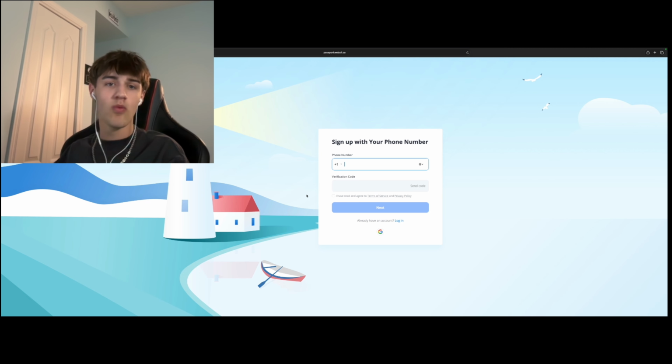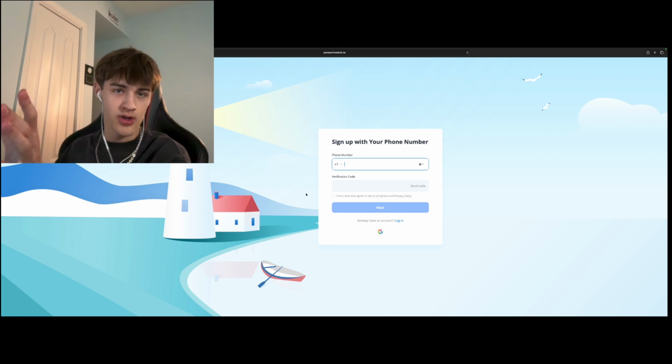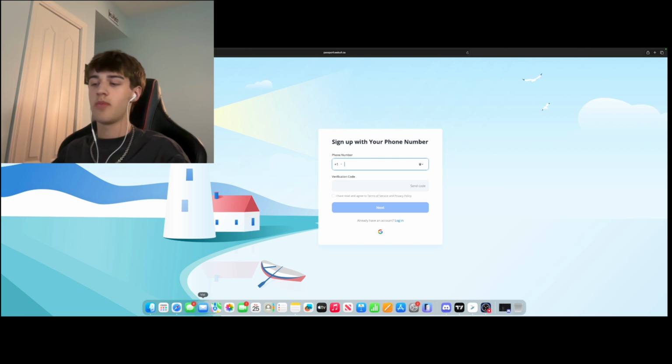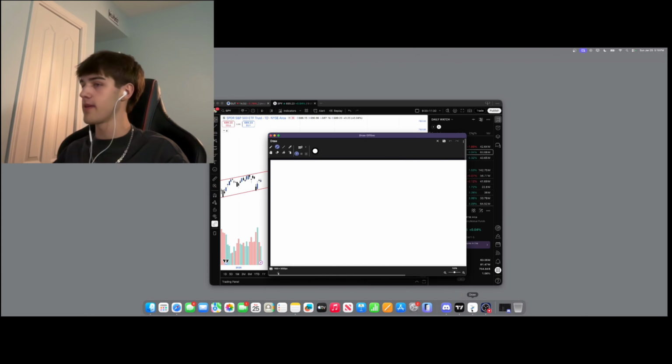Once you've gone through paper trading for a couple of months, you can move to a cash or margin account. I recommend a cash account. Some people do margin, it really depends. The only difference is this. Let's say you have $100 in your account. We'll keep it simple. I'll pull up my little drawing board.